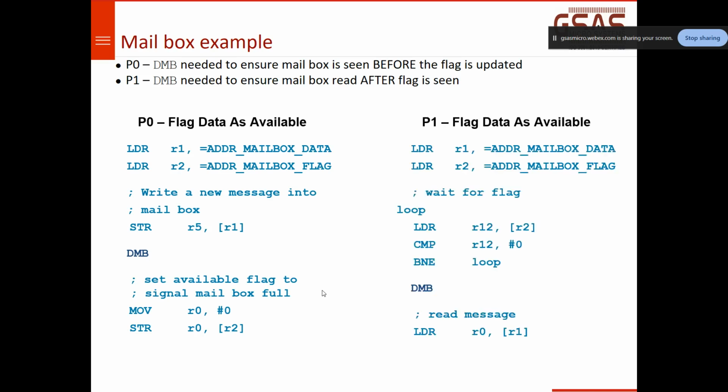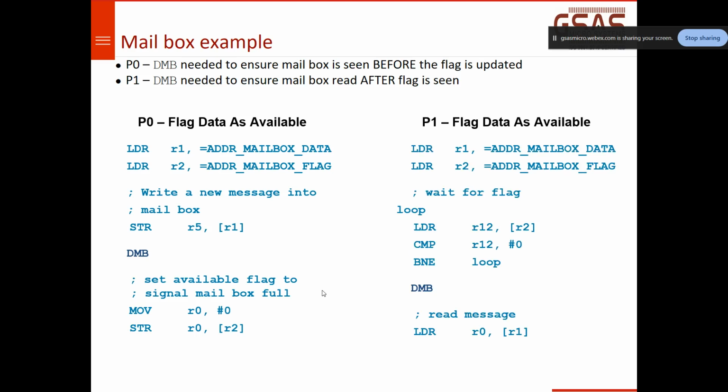Next, P1. What it has to do is check whether the full flag has been set by P0. That flag indicates to P1 that there is data available in the mailbox. And once that flag is set, only then will P1 be able to read the data from the mailbox.